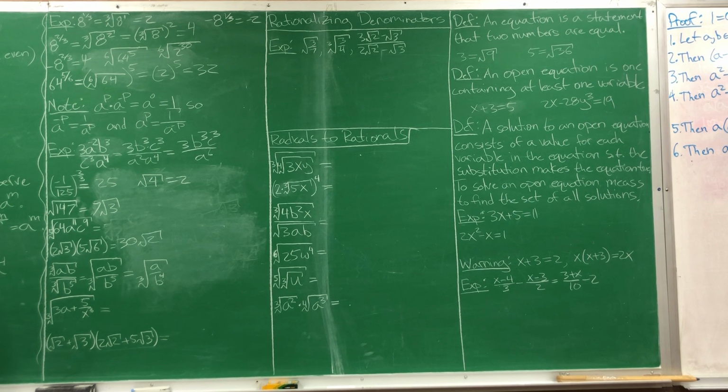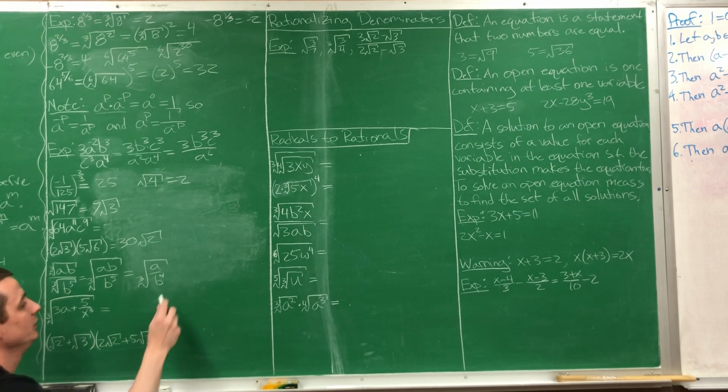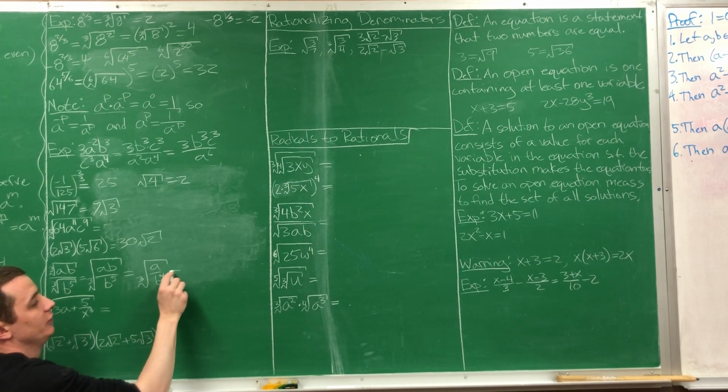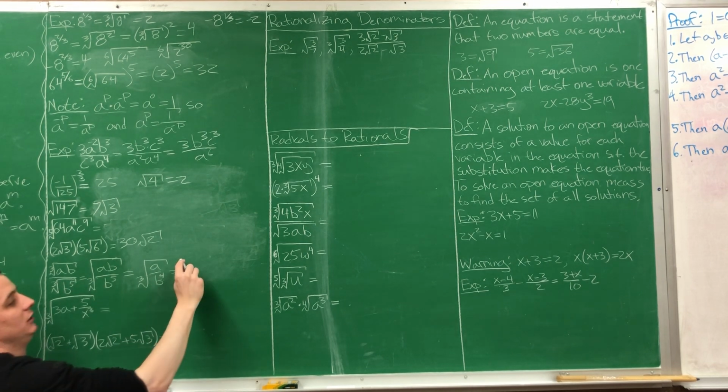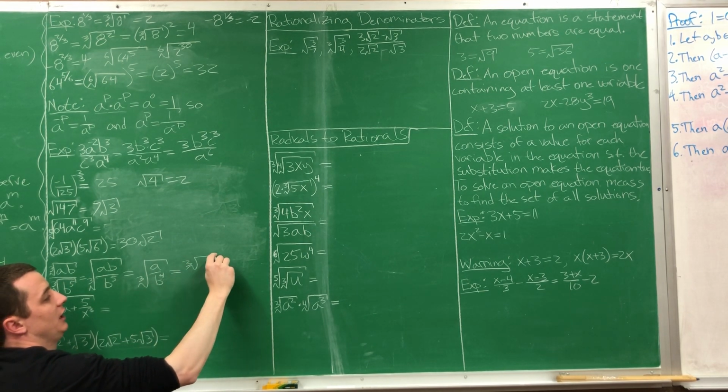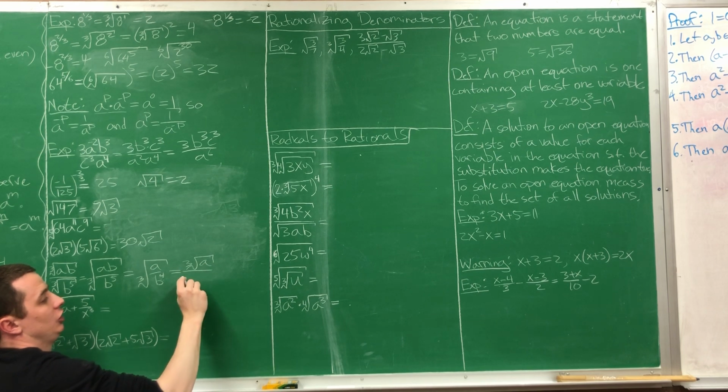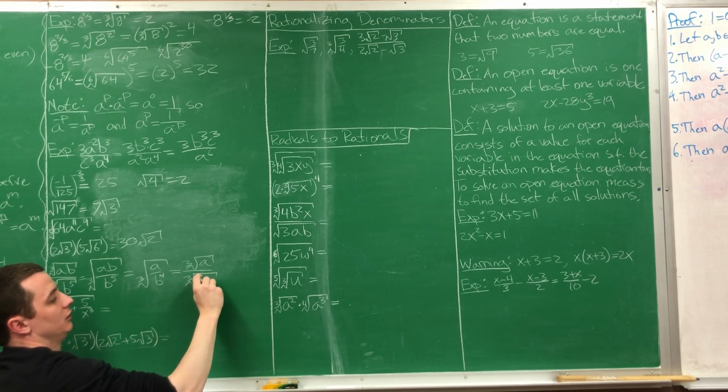Is it done? You can play with it more if you want, but it's not going to get much simpler. You can pull out a 1 over b. Oh, that's a good point. Yeah, let's actually do that. So let's go back to how we had it written before, so we'll undo this step now. This is the cubed root of a over the cubed root of b to the 4.